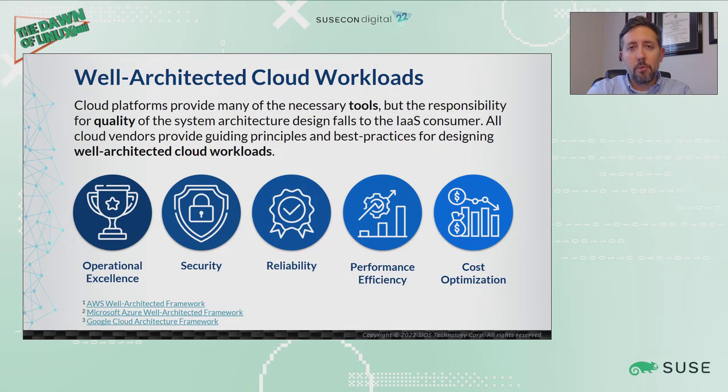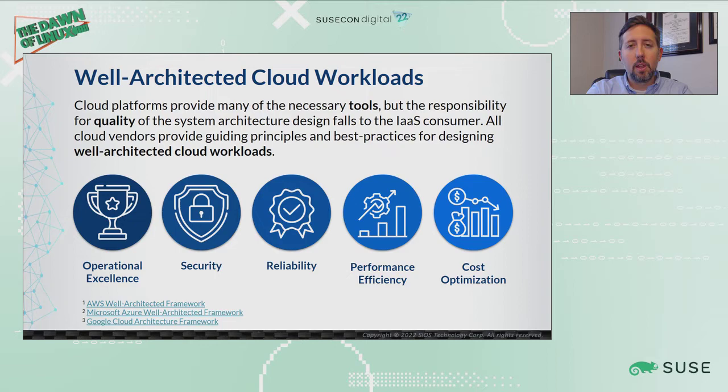Cloud providers are very upfront about this, and they provide best practices guides, which are usually called their well-architected framework, that help customers develop workloads that maximize some of these key principles like operational excellence, security, reliability, performance, and making sure that their workloads are optimized for the cloud.